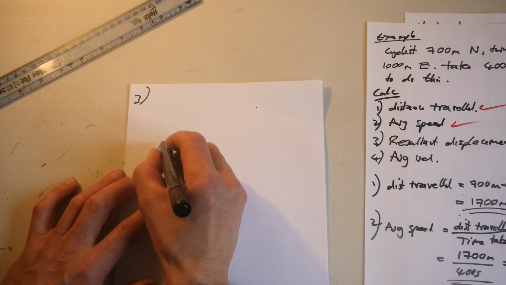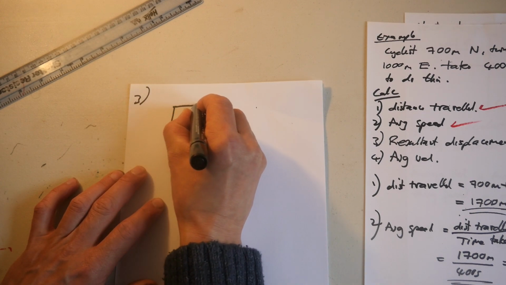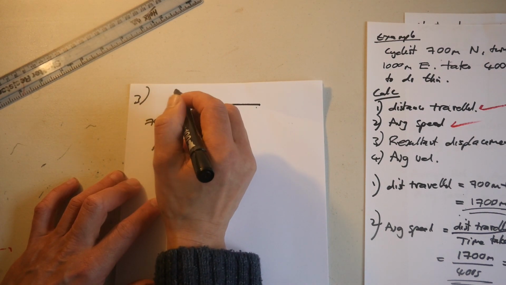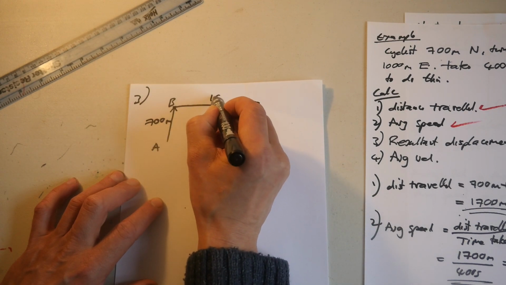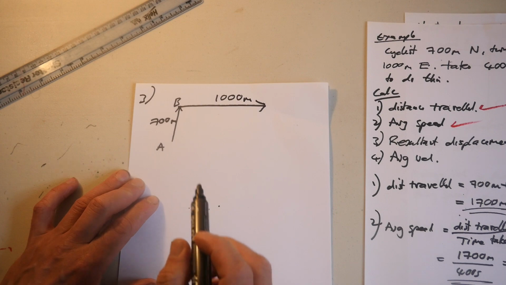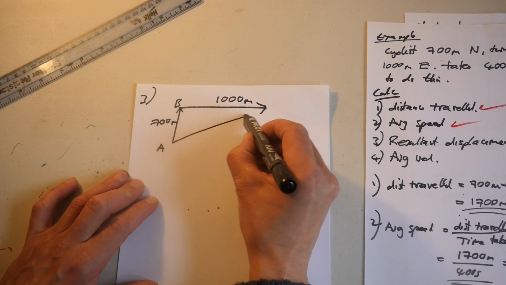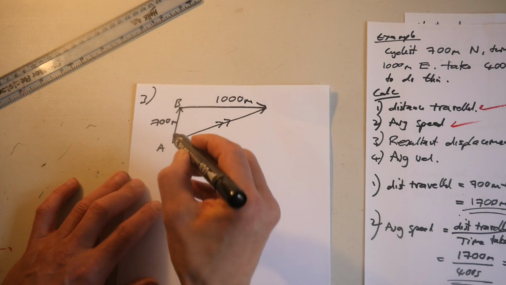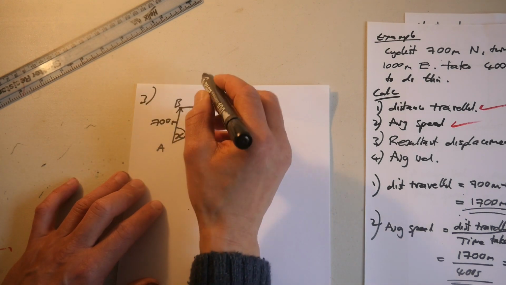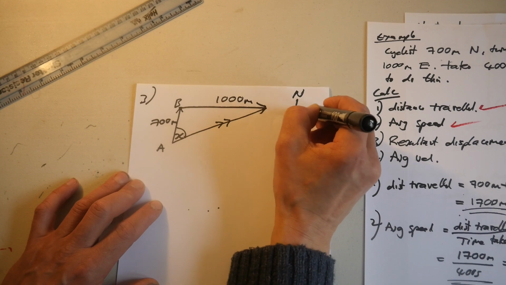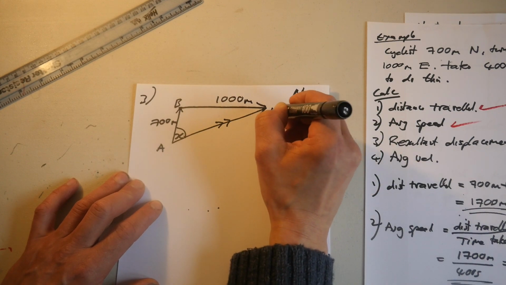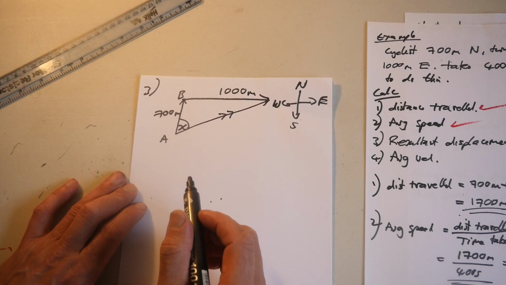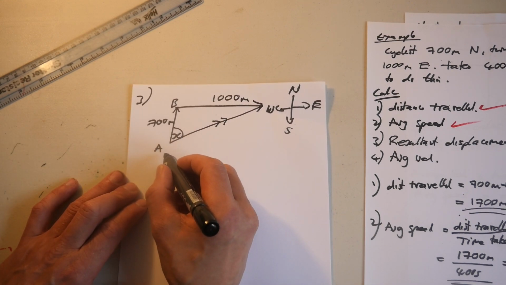So we have, okay, and then you have 700 meters up, 1,000 meters along, X, okay, that's north, south, east, west. So we're using a scale vector diagram.